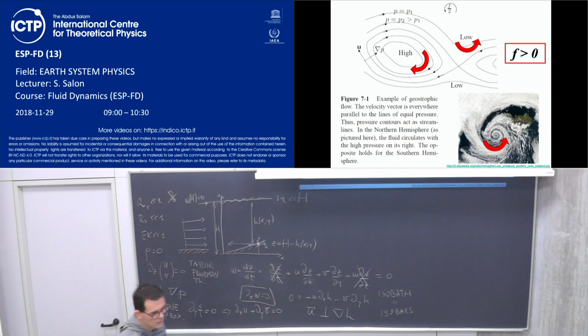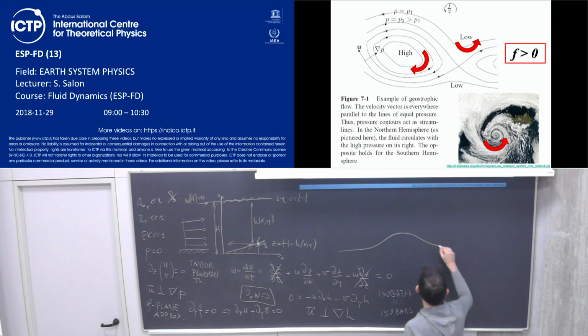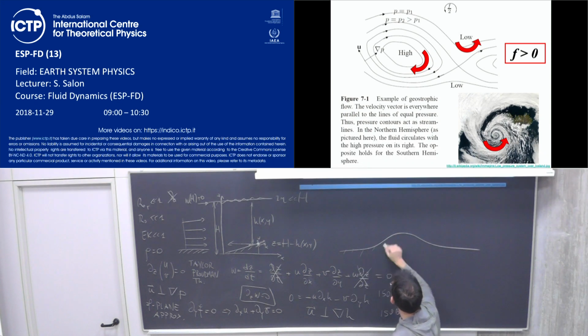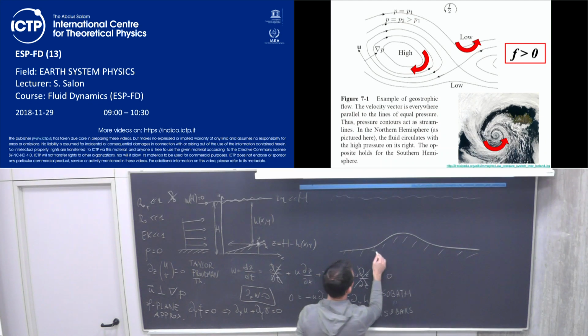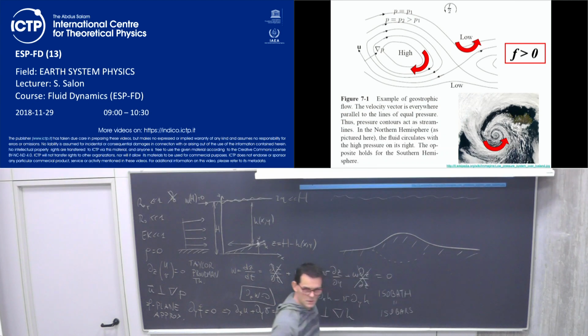This is quite a strong condition, and if we think about something a little more real, for example, a system which has a bump, or a hole.